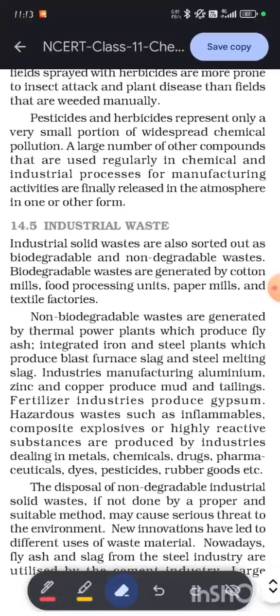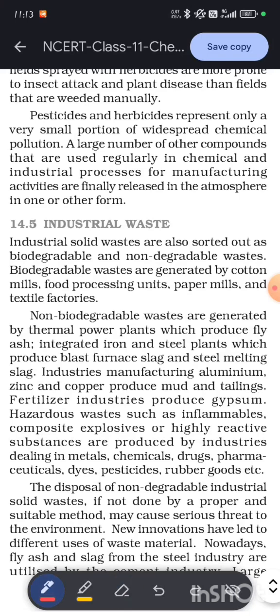The next topic is industrial waste. Industrial solid wastes are also sorted as biodegradable and non-biodegradable wastes. Biodegradable wastes are generated by cotton mills, food processing units, paper mills, and textile factories.